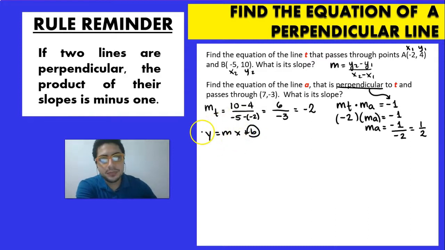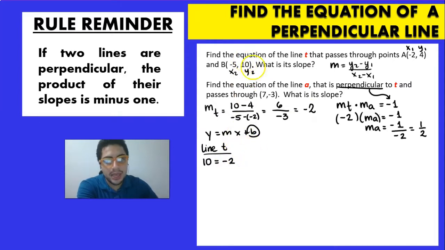On the first one, we're going to choose the second point. For line T, the value of y, 10, is equal to the slope, which we already found was -2, times the value of x.